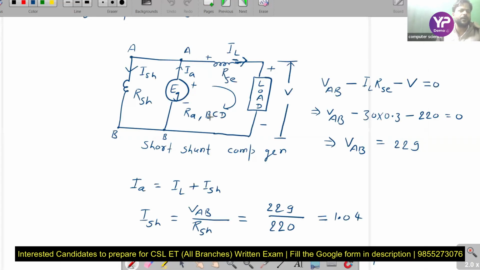Also voltage drop happened due to the BCD, but if in question BCD drop is not mentioned, then we generally neglect it. But if BCD drop is given in question, then we must consider the BCD drop.